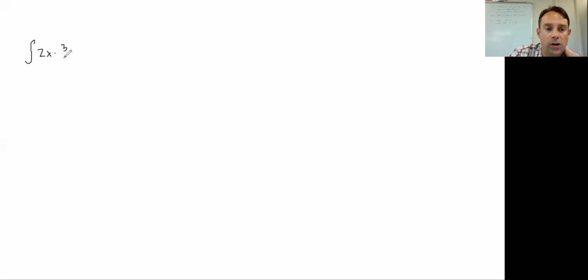2x times the cube root of x squared minus 1 dx. And let's try this one: 4x plus 3 over 2x squared plus 3x minus 1, cubed.